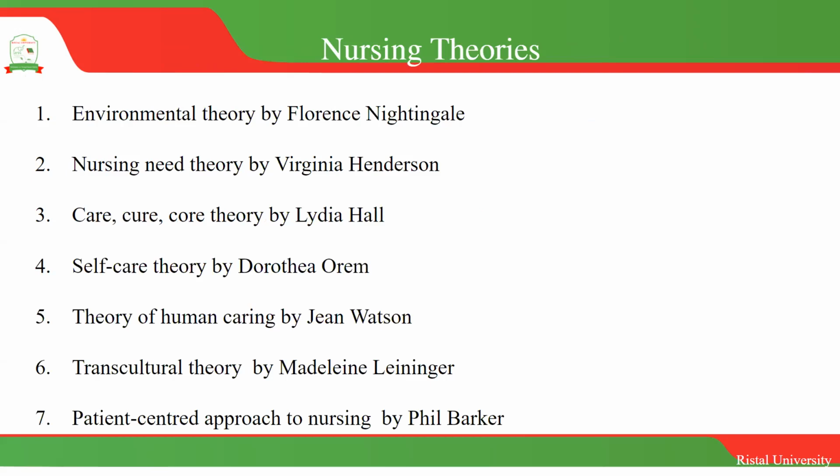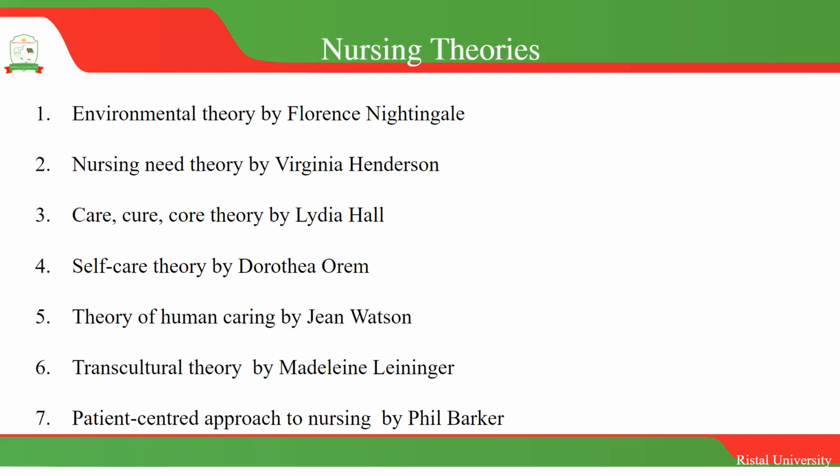So later on in our subsequent presentations, we'll look at the different theories one by one, and these are the most prominent ones, but of course, there are others. We shall look at the environmental theory by Florence Nightingale. We'll look at the nursing need theory by Virginia Henderson. We'll look at the care, core, cure theory by Lydia Hall. And then the self-care theory by Dorothea Orem.